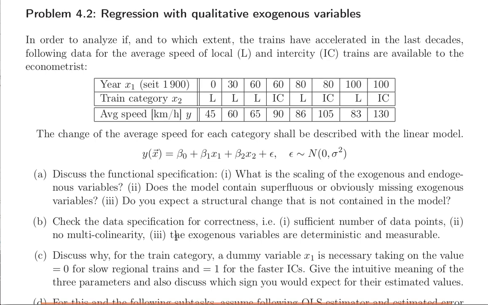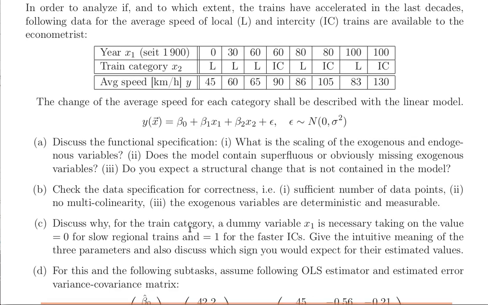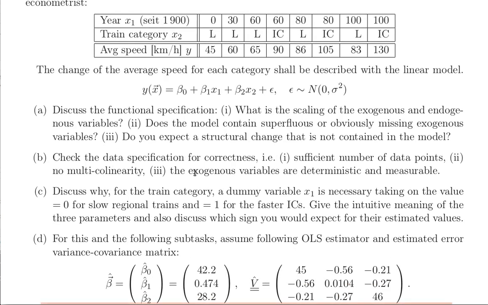Sufficient data points, and our exogenous variables are deterministic and measurable. Time is of course deterministic, and the train category is also clearly deterministic and observable, that means measurable. So the model specification is satisfied with the exception of the requirement for linear factors.